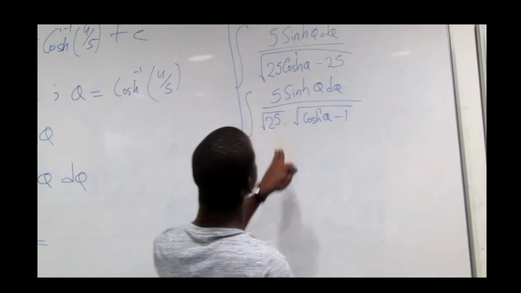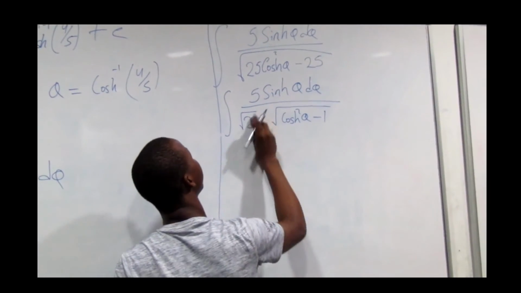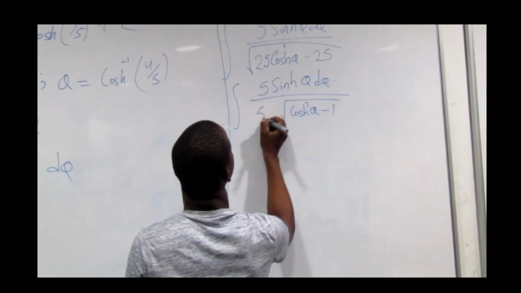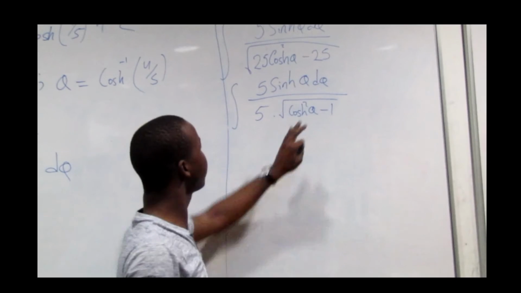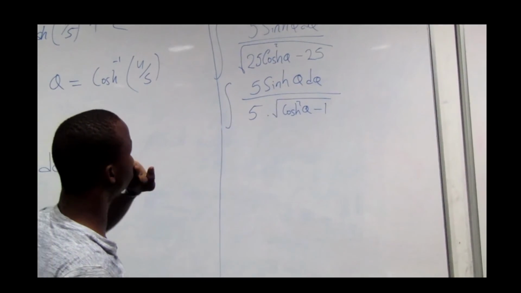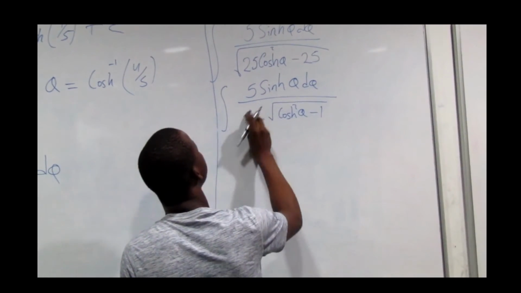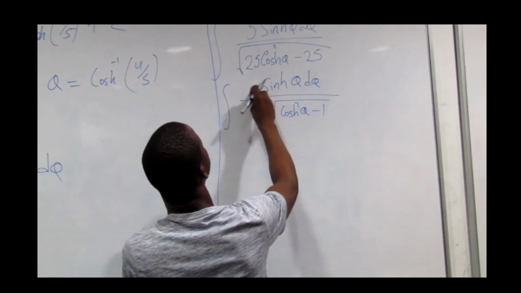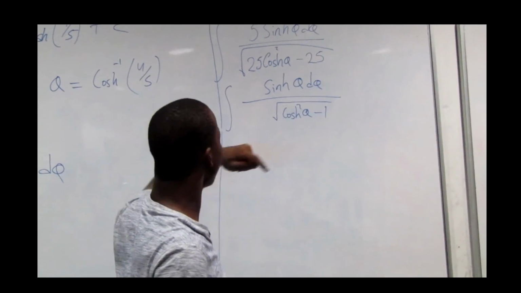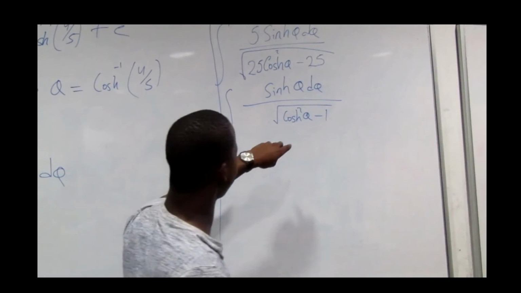So the root of 25, when you simplify this, is going to give us 5. 5 multiplied by this, and this 5 and this 5 are going to cancel each other. I'm going to cancel it here, just to not waste time and space.